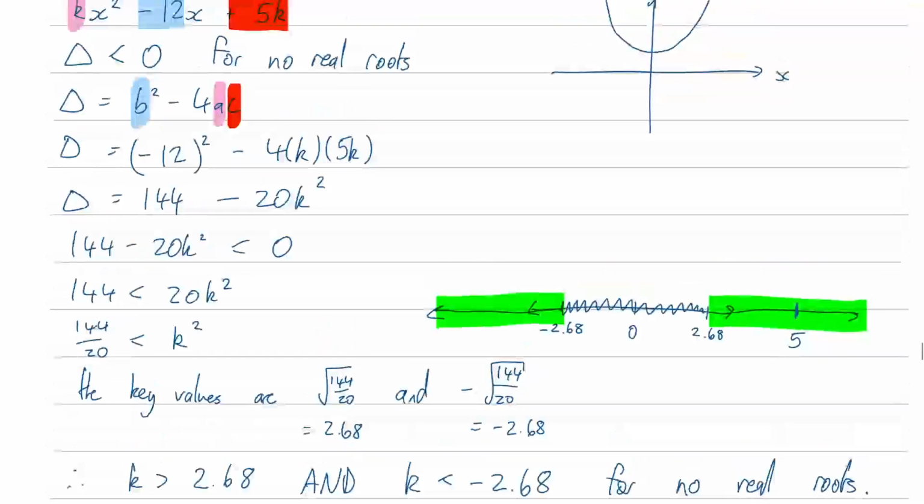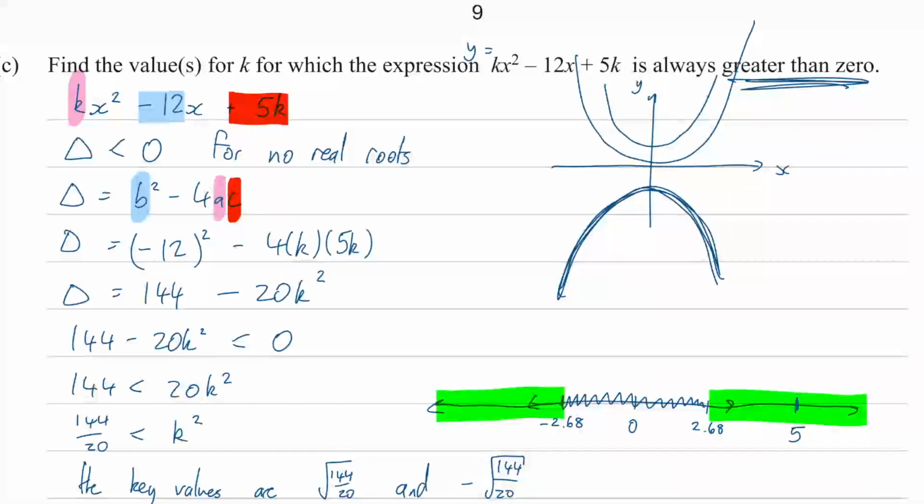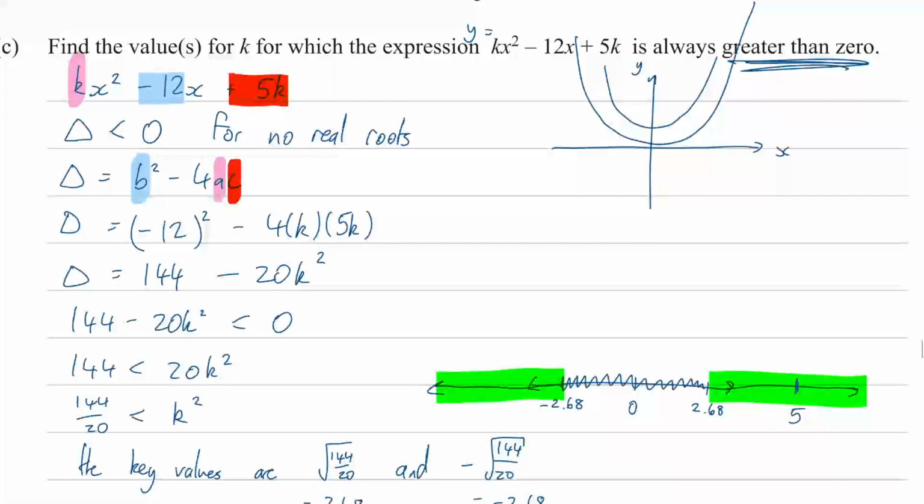Awesome. But now back to the problem. It's not no real roots, it's that it must be greater than 0. So to be greater than 0, we said it needs to be a positive parabola, because if it's negative, even if it has no real roots, like this bottom one here, it's not greater than 0. So in order to have a positive parabola, the coefficient of x squared, in this case k, must be positive.